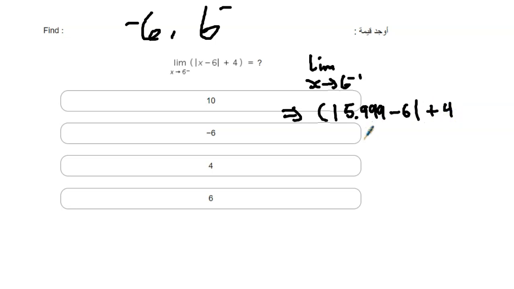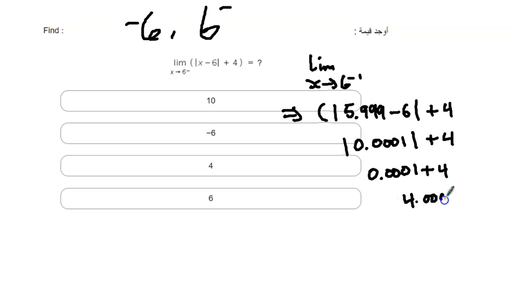And if I subtract I'm just going to get -0.0001, and the absolute of that is going to be 0.0001 plus 4. And when you add, you're getting 4.0001, which is approximately 4. And that is what we got from the calculator.